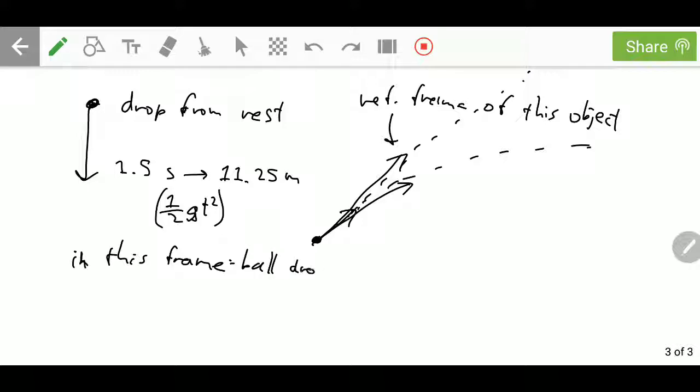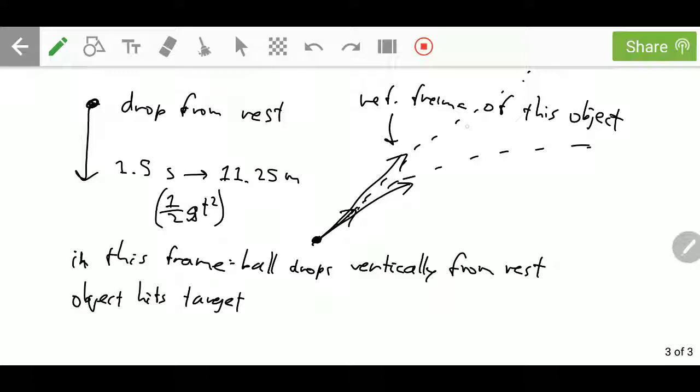And since initially the ball is launched with the object at the same horizontal and vertical velocity, it just drops from rest. Now when the ball hits the wall, this object will actually hit the target, because the object will just be moving on that straight line that points straight at the target.